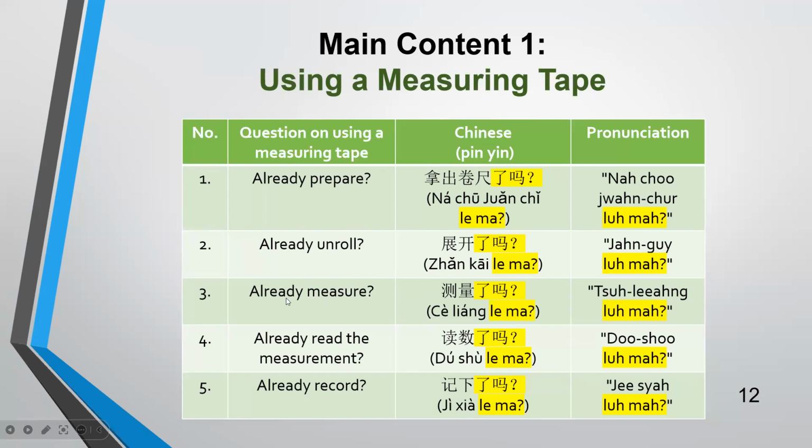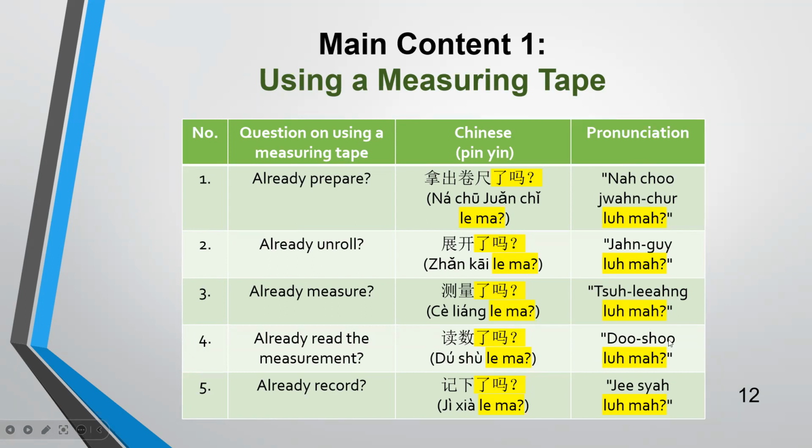Number three would be already measured or not. We repeat again, yeah? 测量了吗? 测量了吗 is like 12+2. And then number four, already read the measurement. 读数了吗?